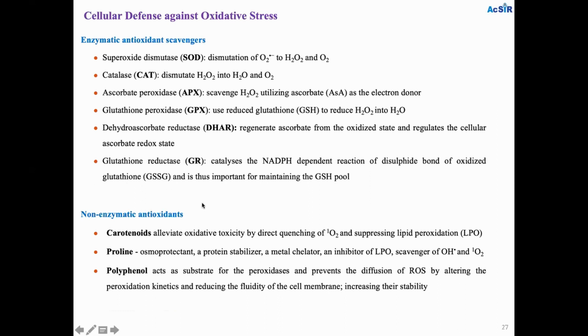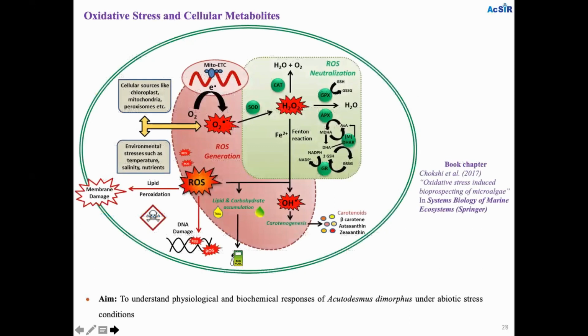And non-enzymatic antioxidants like carotenoids, proline, and polyphenol can also be used by the cell to overcome the oxidative stress. My aim was to understand the physiology and biochemical responses of Ectodesmus dimorphos under different abiotic stress conditions.